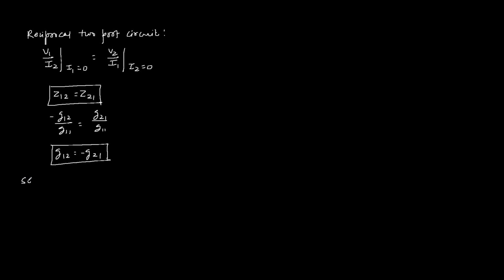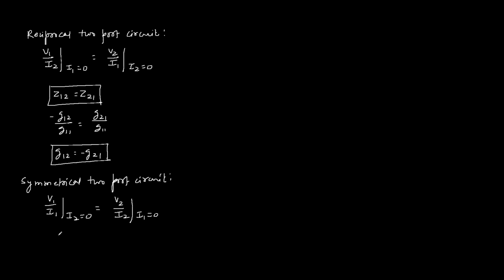Now I'll write the condition for symmetrical two-port network or two-port circuit. The condition for symmetrical two-port circuit is V1 over I1 when I2 is 0 must be equal to V2 over I2 when I1 is 0.